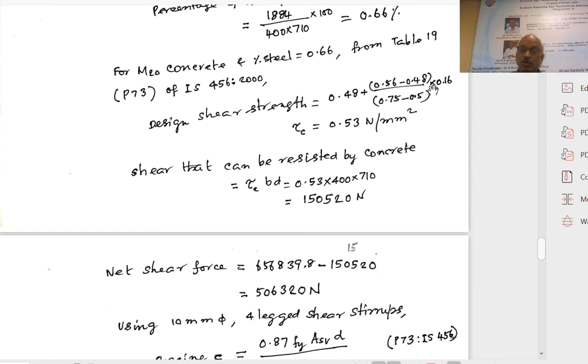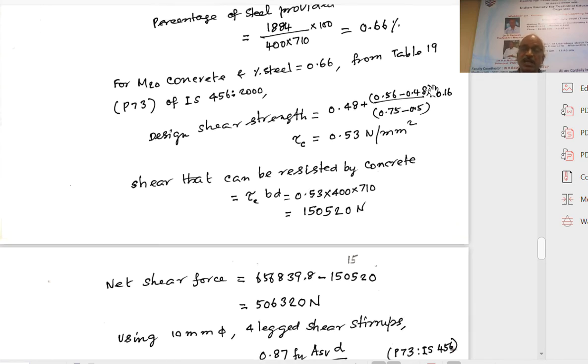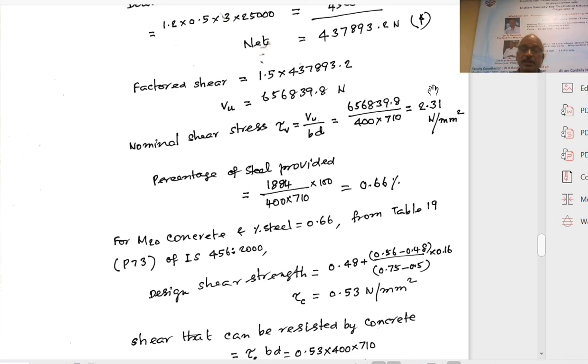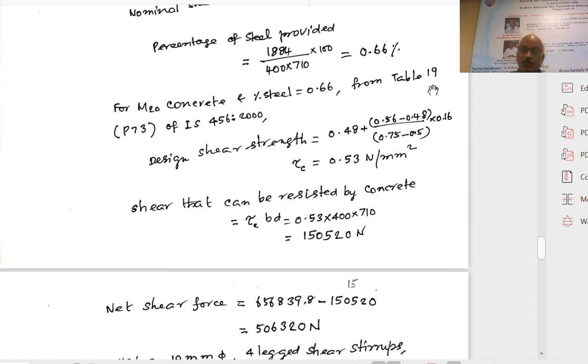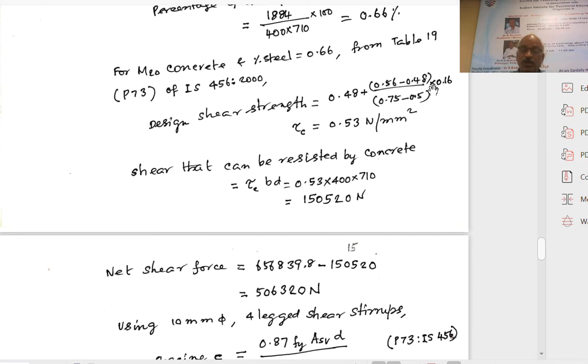The shear force to be resisted, that is the factored shear, is 656839.8. This is the shear force for which you have to design, of which 150520 is the shear that can be resisted by the concrete itself. So you have to find the difference. Therefore, only for 506320 newtons we have to design the shear stirrups.